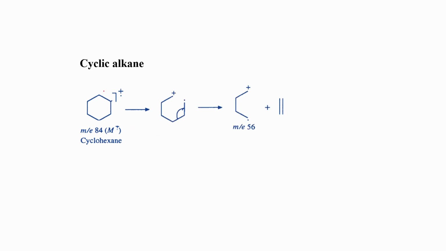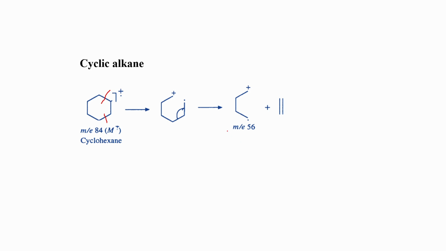You can see, first of all, a bond is broken here, and then from here another bond is to be broken. Two bonds are to be broken, so it is highly resistant to fragmentation. So you can see we will get a high intensity molecular ion peak.